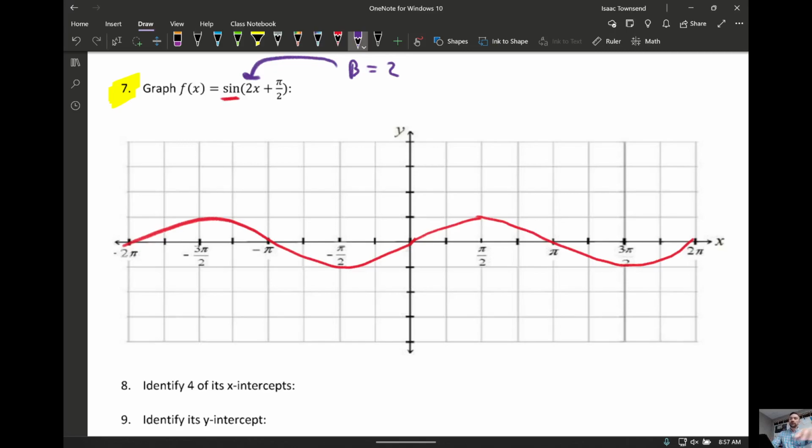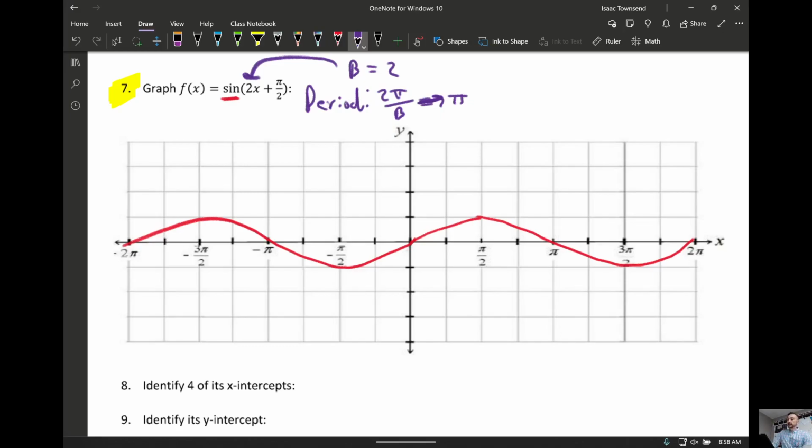B is going to affect the period and the phase shift, if there is a phase shift. And the period is always 2 pi divided by b. So in this case, 2 pi divided by 2, or pi.